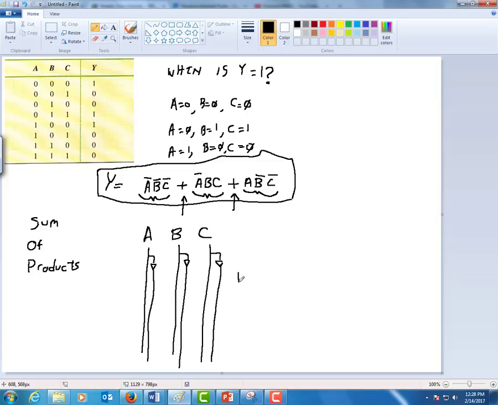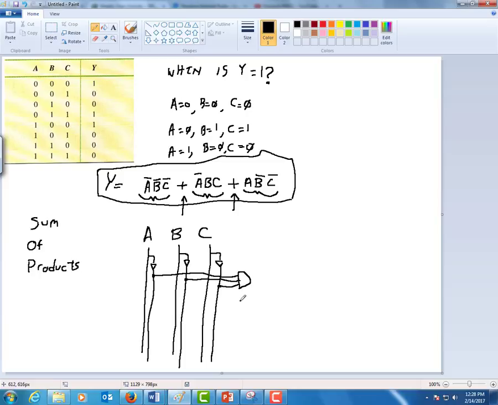Here's your AND gate. We'll take A bar over here, B bar over there, and then C bar over there. There's one of them.